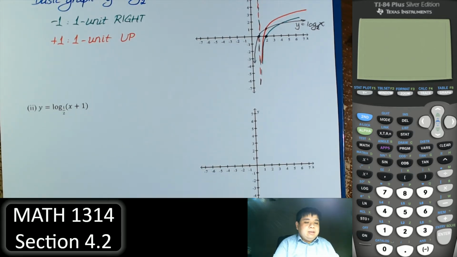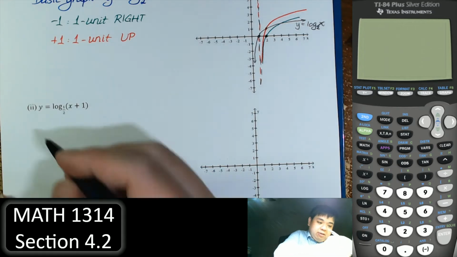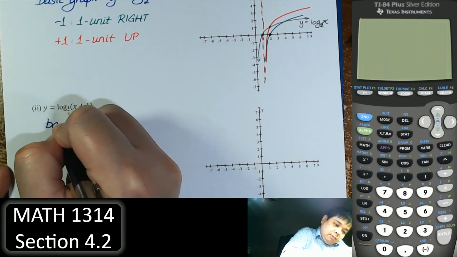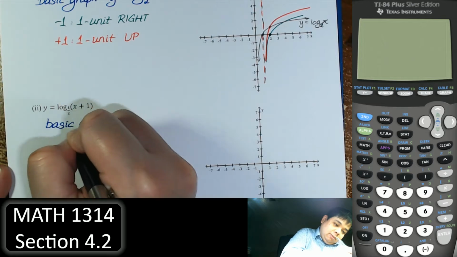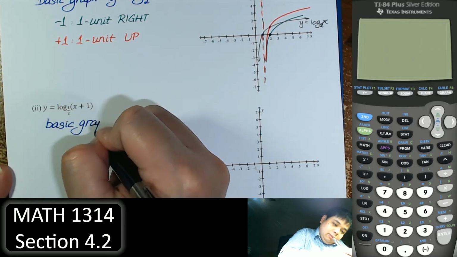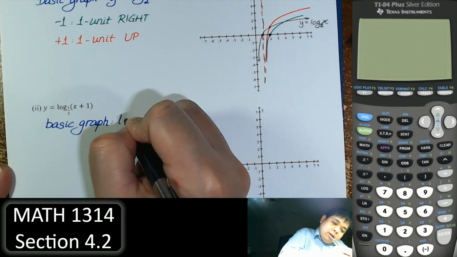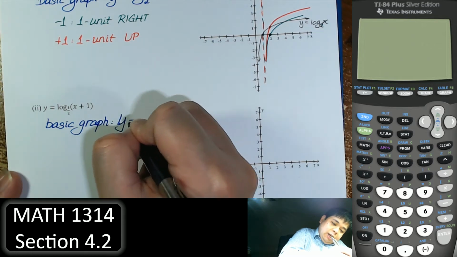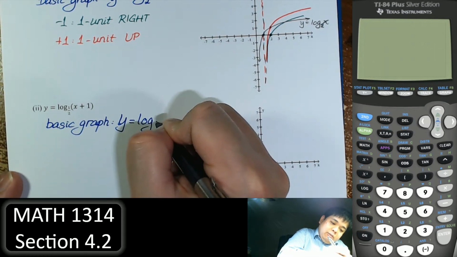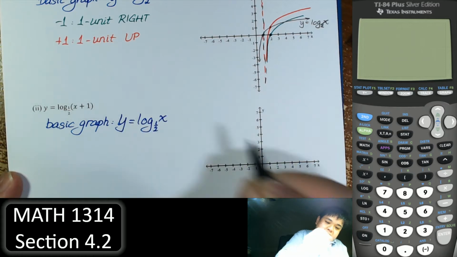Right. So when the base is bigger than 1, it is increasing. When the base is less than 1, it is decreasing. So like what we have here, the basic graph is y equals log base 1/2 of x.